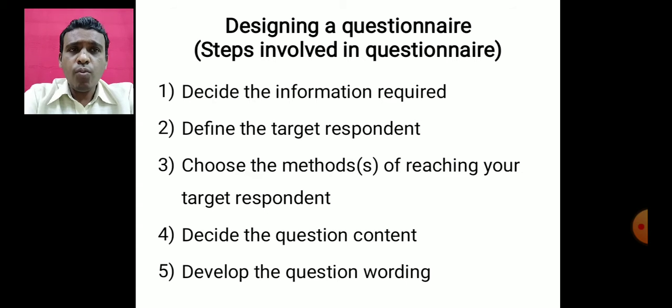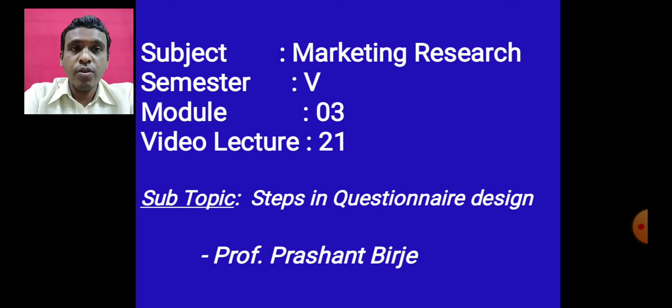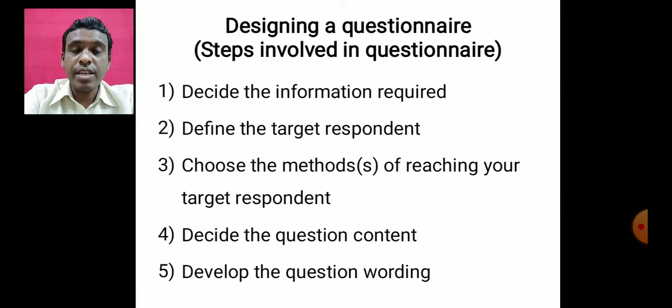Once you know what information has to be collected, then you have to decide who your target respondents are, that is, from whom you are going to collect this data. The first step talked about what information you are going to collect. The second step tells from whom you are going to collect this information.